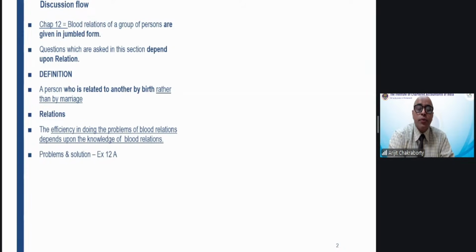Let me also tell you that this chapter, like the previous chapters of logical reasoning, is very interesting and scoring at the same time. So we shall delve into several questions, problems, and their solutions from the ICAI study material, exercise 12A, and thereafter we will cover a number of problems from the MTP, RTP, and the previous year's exam questions.